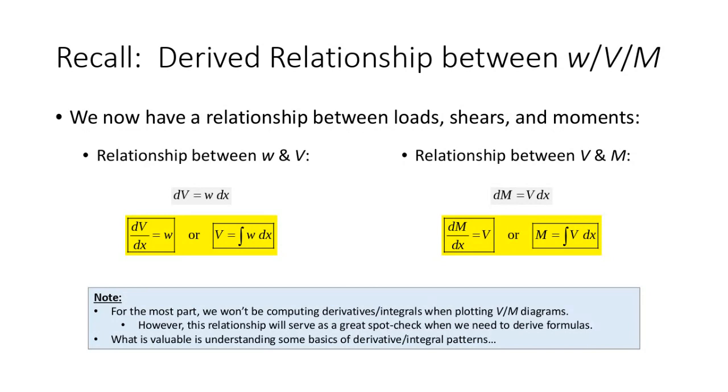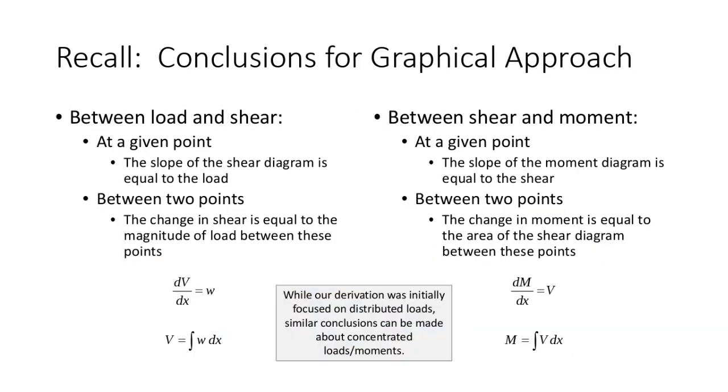That was really the relationship I wanted to explore in the last lecture. And today I want to extend that a little bit further by talking about distributed loads. And this is just saying everything I just said. I guess I skipped ahead a little bit talking about the graphical approach. So between load and shear, at any given point, the slope of the shear diagram is equal to the load, and the change in shear is equal to the magnitude of the load between those points and what have you. And the same thing with the moment diagram.